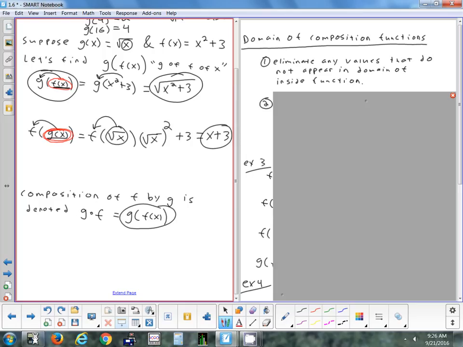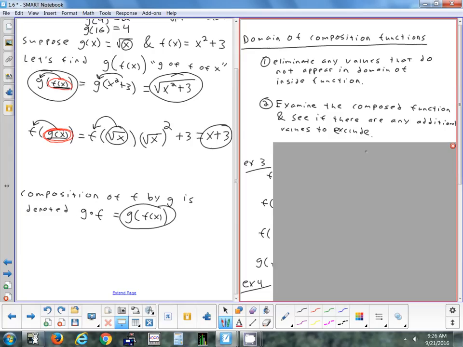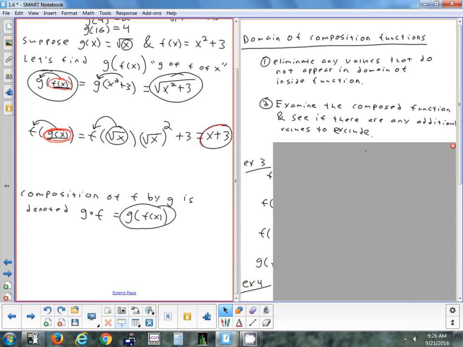After you've narrowed down the domain by looking at the inside function, then you need to look at the composed function. That's what I'm circling in green. Look at the composed function and see, because of the way I composed these, are there any other restrictions I need to be careful about?